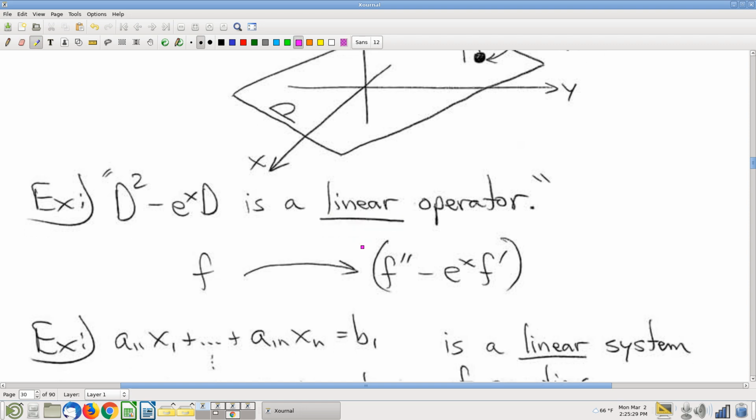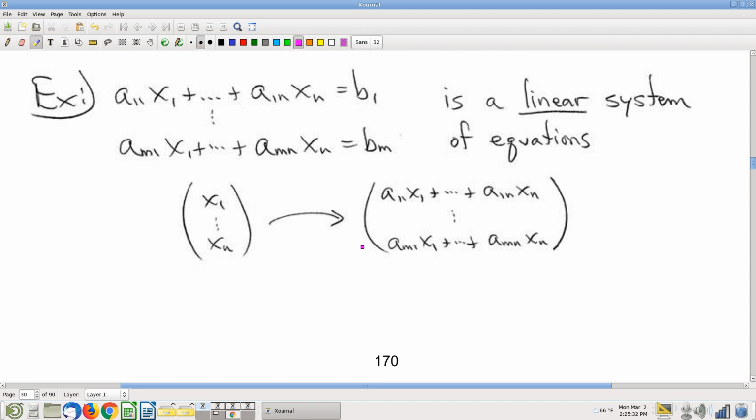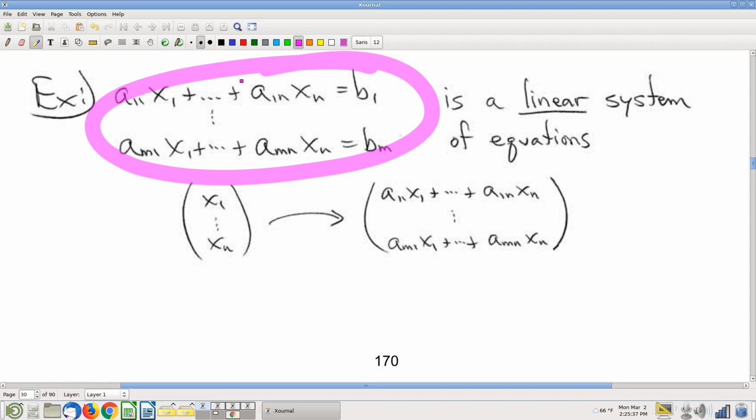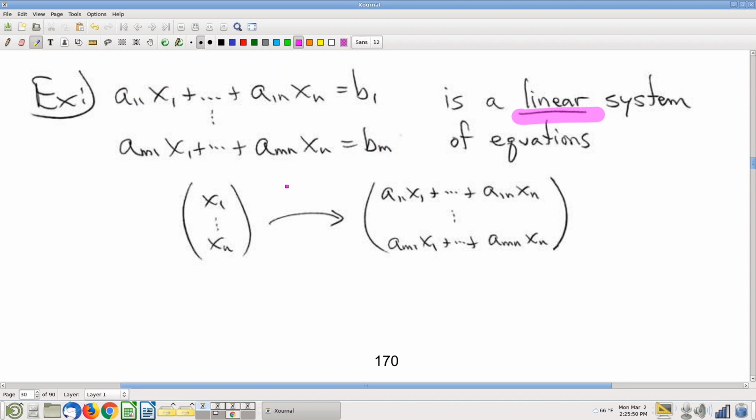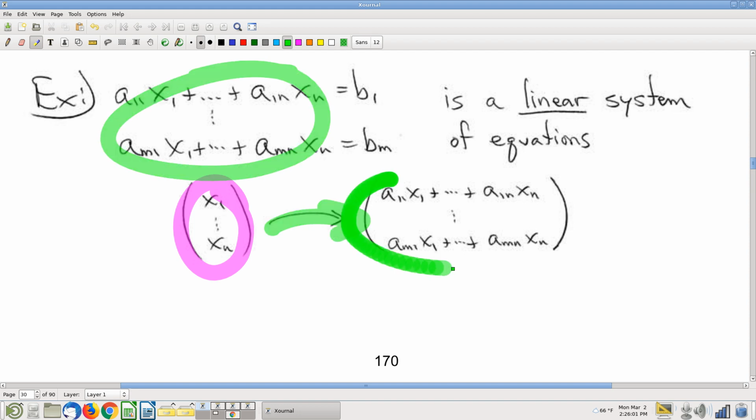Okay. Lastly, old example, chapter 1, way back when, we described this as a linear system of equations. So what's the deal with the term linear there? This actually falls into the same category. There is a function in play here. The function is that if you have some input values x1 through xn, the whole business on the left-hand side turns that into this. You can think about this different ways. You can think about this as, well, that's just what the left-hand side does.